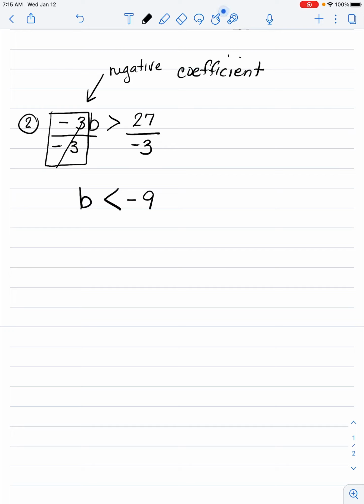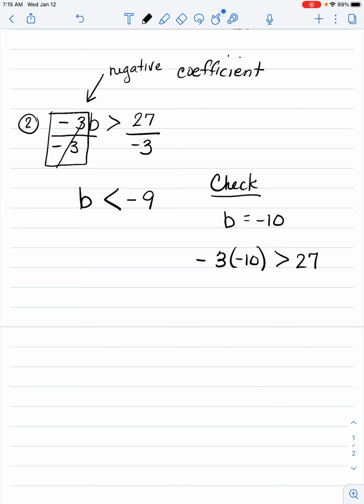So let's check. Especially important when you do this, because you want to make sure that you remember to flip the sign. So the check, let's have b equals negative 10. So we have negative 3 times negative 10 is greater than 27.